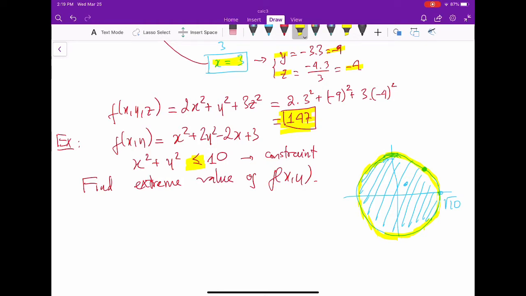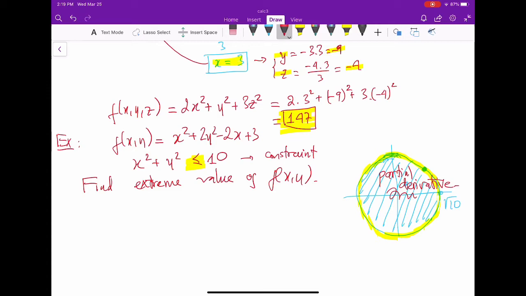And if we use partial derivatives and the second derivative test, we will see the extreme values inside. So everything inside here you can solve using partial derivatives. So if you compare two methods, you can solve this problem.